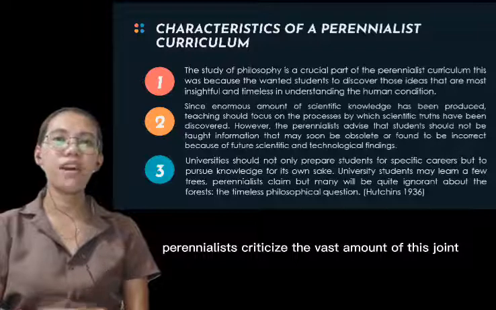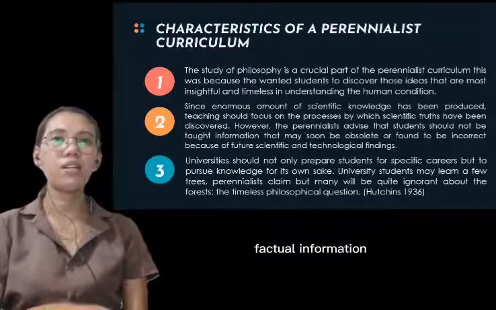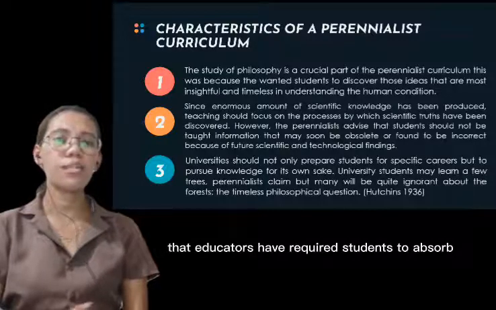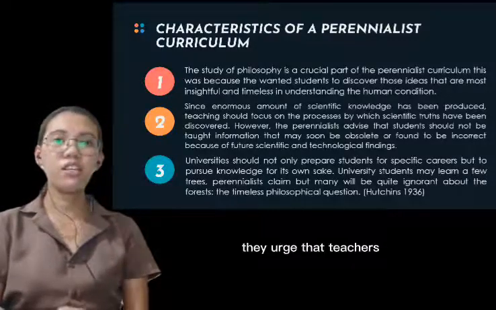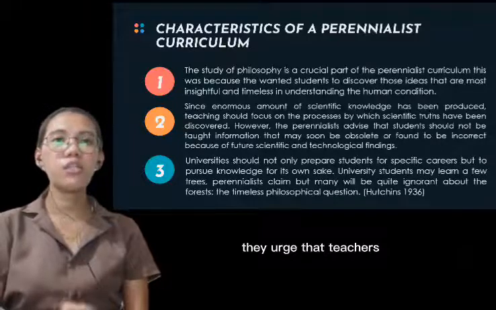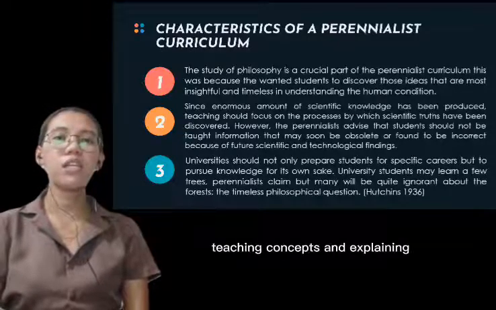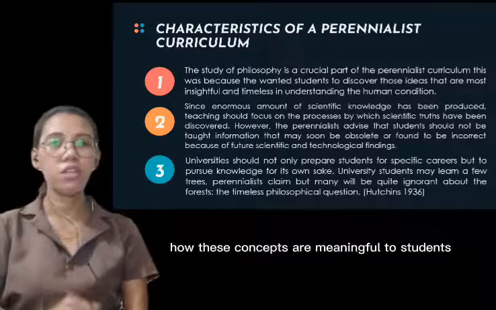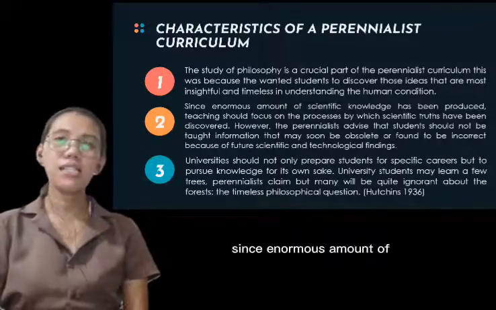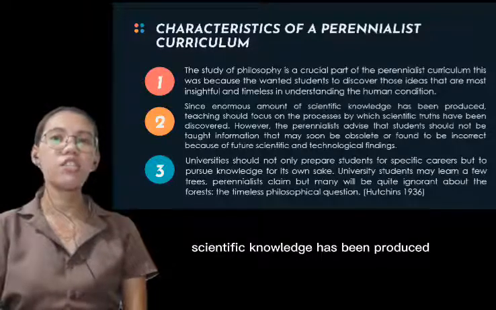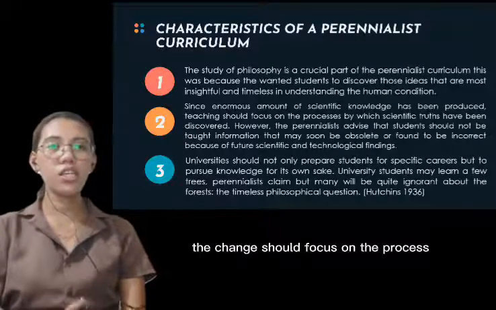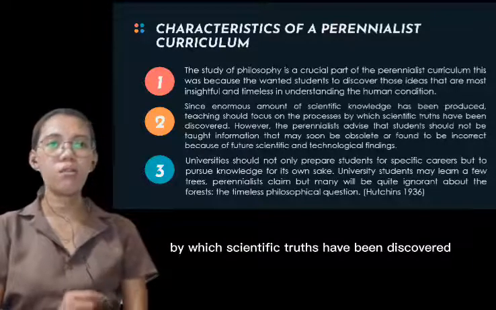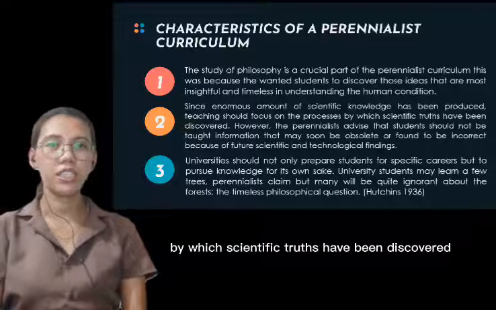Perennialists criticize the vast amount of disjointed factual information that educators have required students to absorb. They urge that teachers should spend more time teaching concepts and explaining how these concepts are meaningful to students. Since an enormous amount of scientific knowledge has been produced, teaching should focus on the processes by which scientific truths have been discovered.